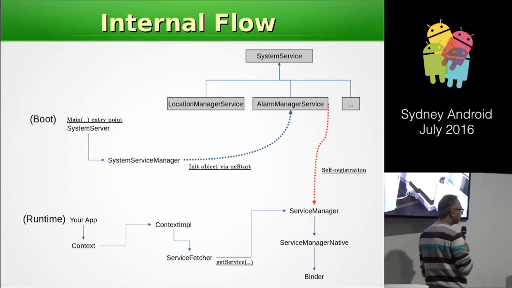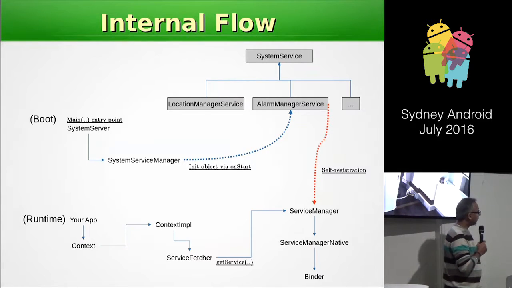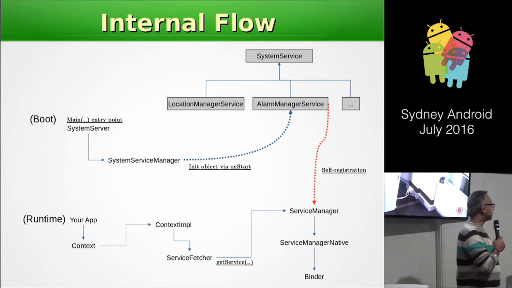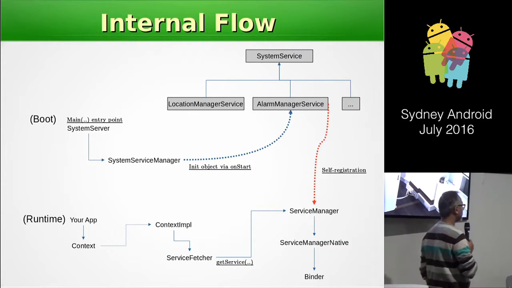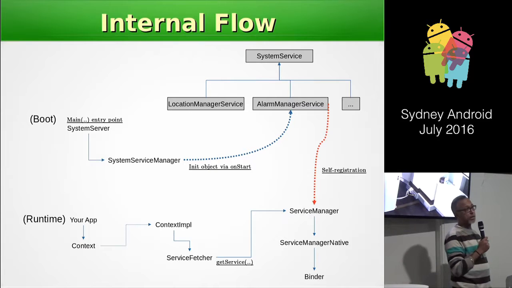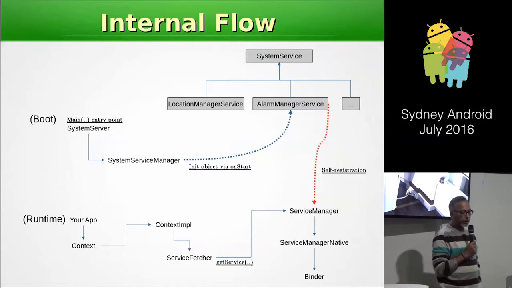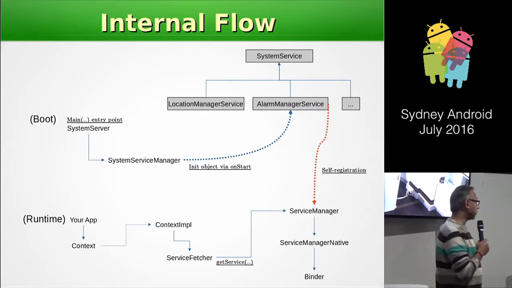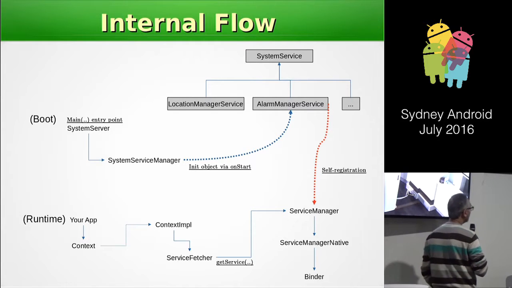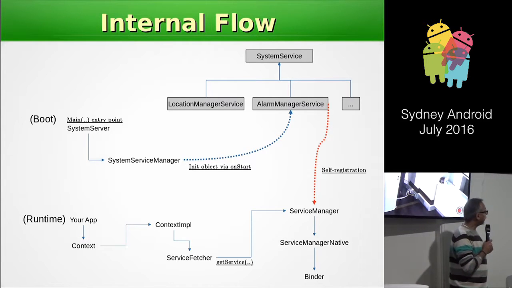There is an onStart method defined in the system service. If you look at the top part of the system service, most of the services inside Android extend the system service class. One of the abstract methods is called onStart, which is called when the system service manager is being called by the system server.